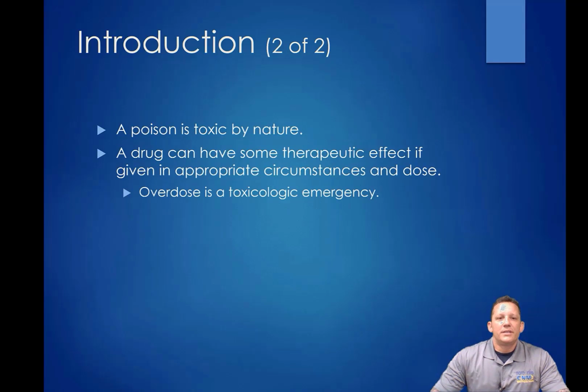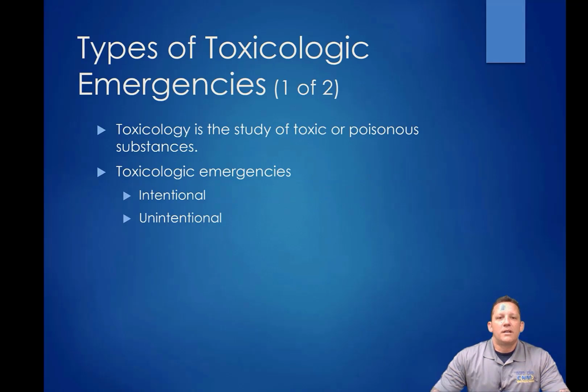A couple of key definitions: poisons are toxic by nature. There are some drugs that have a therapeutic effect if they're given in an appropriate dose and under the right circumstances. An overdose is considered a toxicological emergency. Toxicology is the study of toxins or poisonous substances, and they can be either intentional or unintentional.